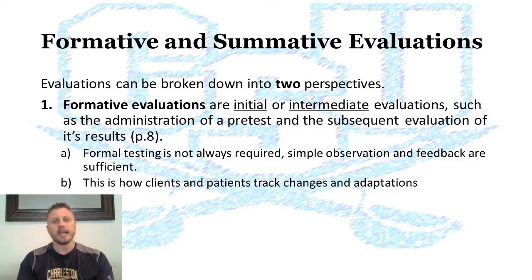So let's take a step back and think of evaluations again. There are two main perspectives of evaluations: formative and summative. First we'll cover formative. Formative is your initial and intermediate evaluations. So let's consider a 1-mile run test, and we're doing it on a quarter-mile track.